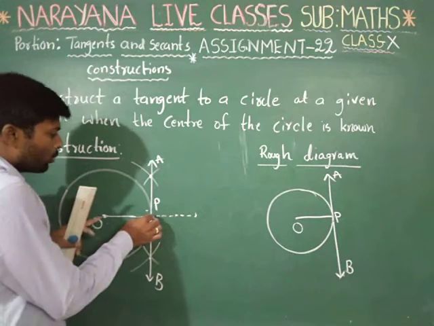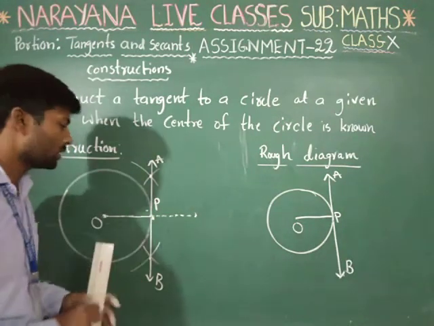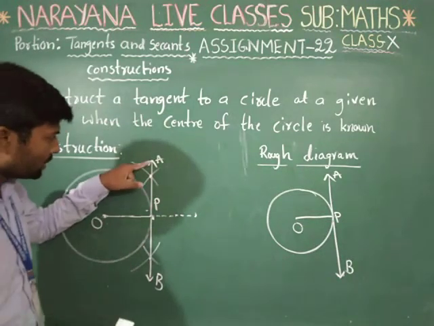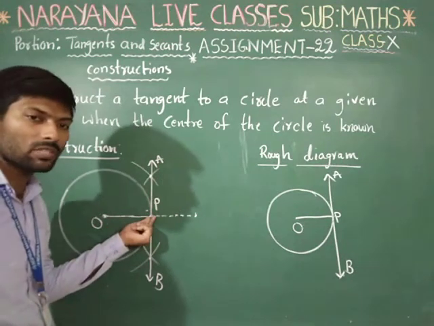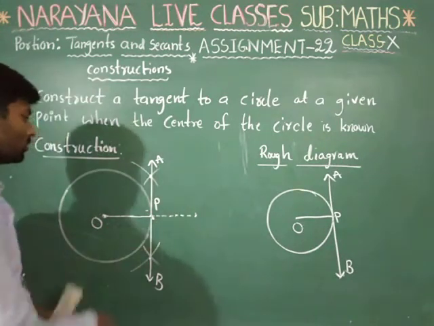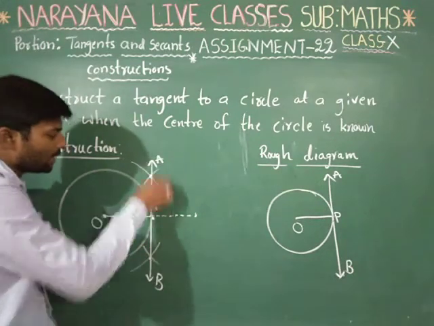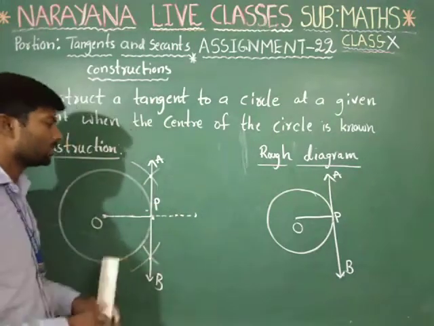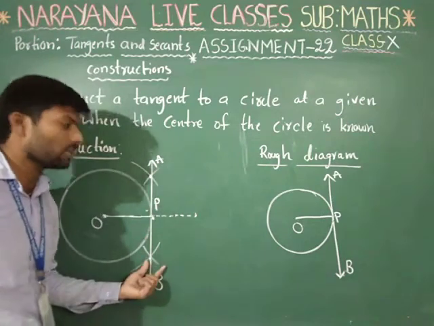The point of intersection of these two arcs, let me take it as point P, and the line passes exactly through the given point P of the circle. By joining these two arcs, we get a line AB that passes through only a single point on this circle. That line you can call a tangent. So AB is our required tangent.